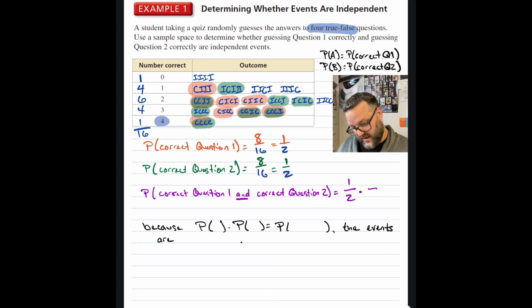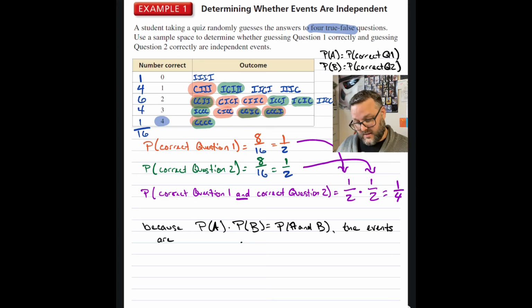So I have 1/2, because that was the probability of getting my first question right, times 1/2, which in this case was the probability of getting the second question right, which is 1/4. Now, again, all we're saying is the probability of A times the probability of B is the same thing as saying the probability of A and B.